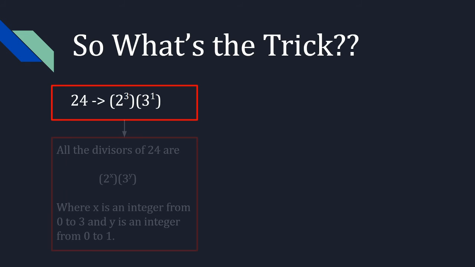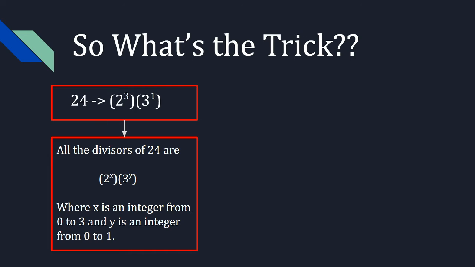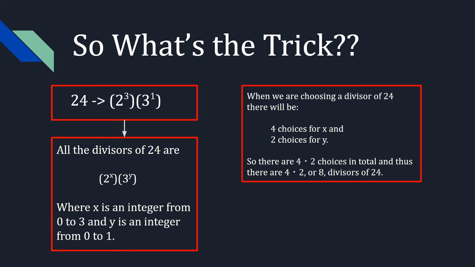So why is that even important? What's the trick? Where am I going with this? That is probably something you want to know. Well, the fact that we can determine that all the divisors of 24 are 2 to the x times 3 to the y with these certain choices is important, because if we want to choose a divisor of 24, in terms of its prime factorization, there are 4 choices for x and 2 choices for y.